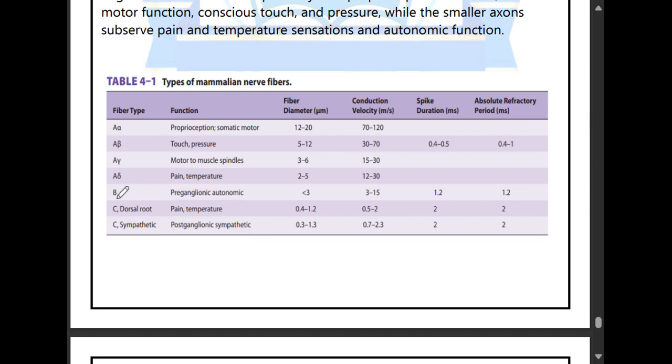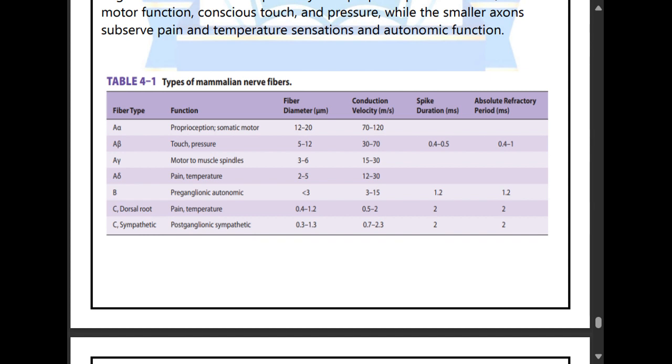Then you have the group B. Group B has to do with preganglionic autonomic fibers.